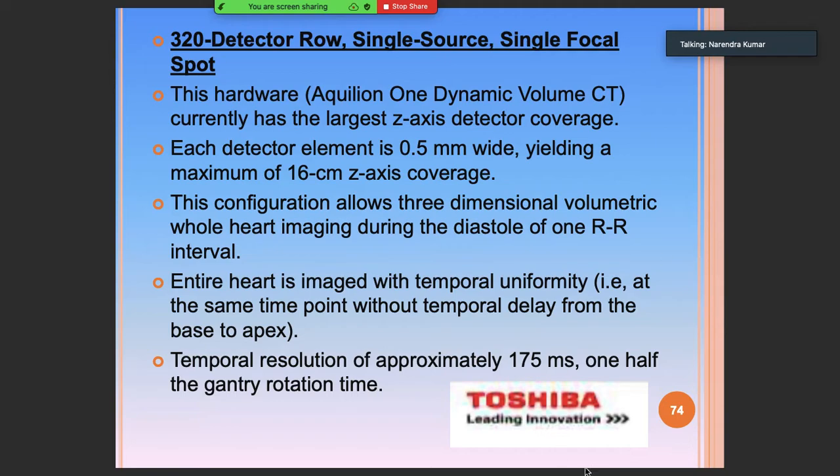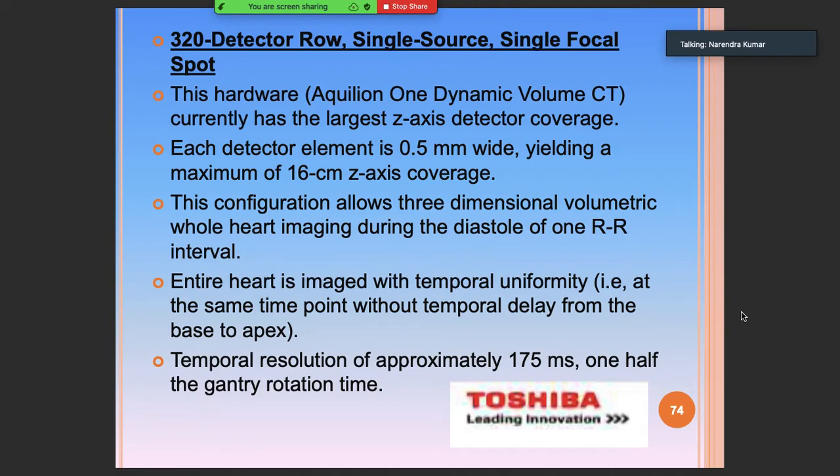Then comes the Toshiba. Toshiba is a Japanese firm, in fact, and this is the one which has a 320 detector row. Okay, there's a single source, single focal spot, and again, this is really good as well, which takes very less time.